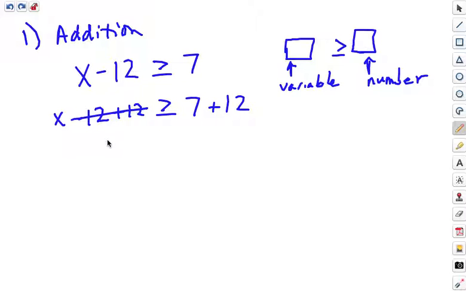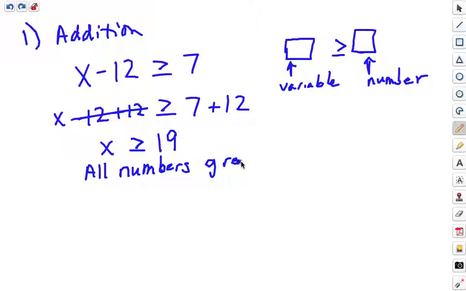Negative 12 plus 12 is 0, so that is canceled out, and we have x is greater than or equal to 19. Our solution is all numbers greater than or equal to 19.